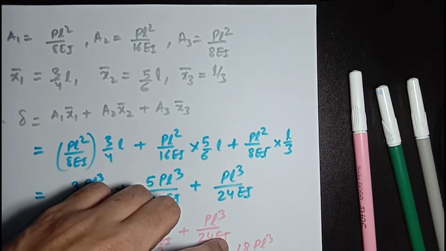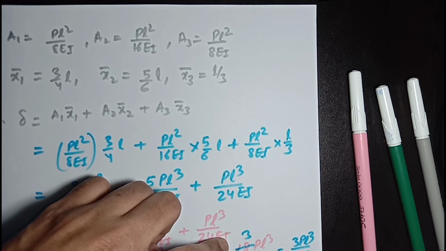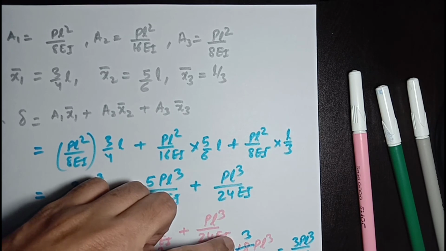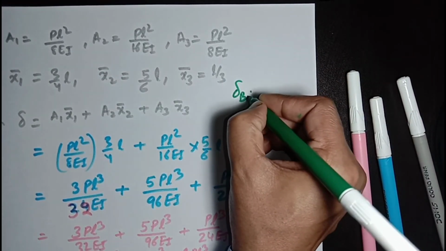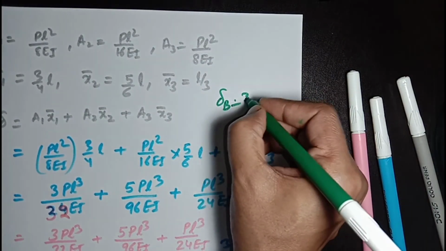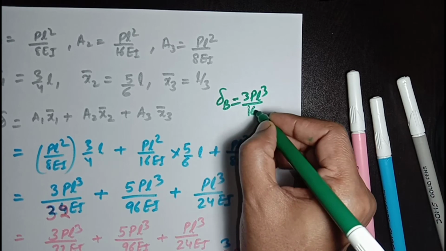Now dividing by 6, it will be 3PL cube divided by 16EI. So delta B calculated here is 3PL cube divided by 16EI.